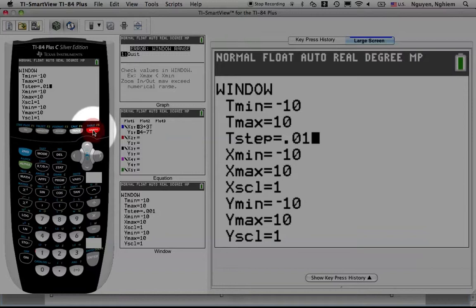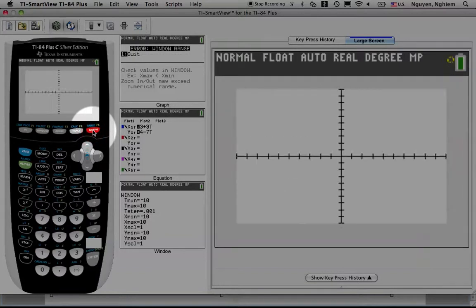And let's try to graph this. And it should be drawing this picture here, but it might take a very, very long time to draw this picture. Okay, so there you go. You can see it moves through there very, very slowly. Okay, but it's going to give you a nice and accurate graph.